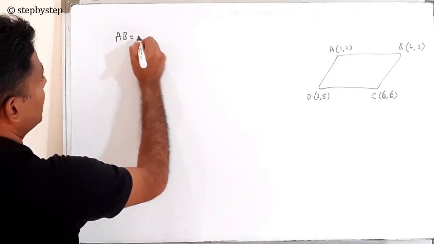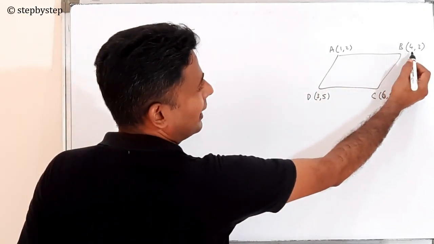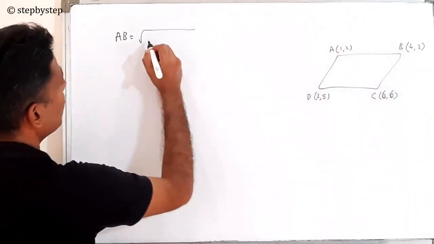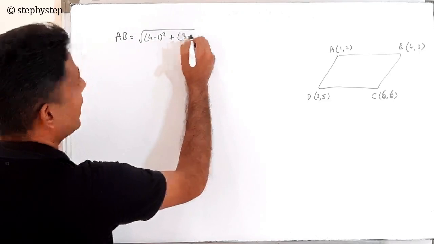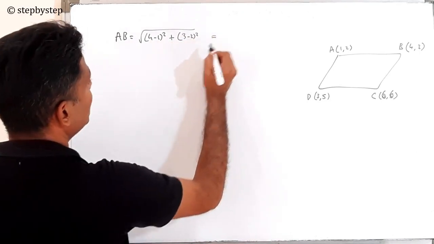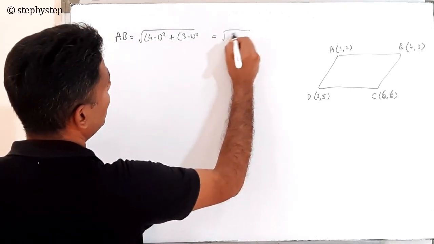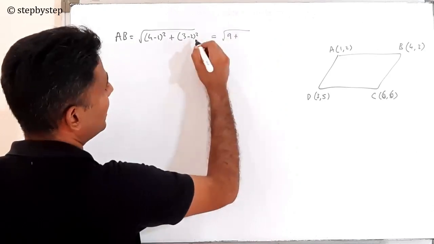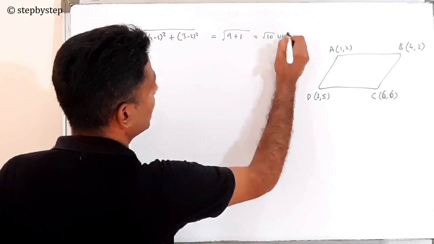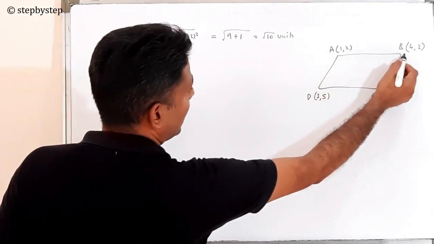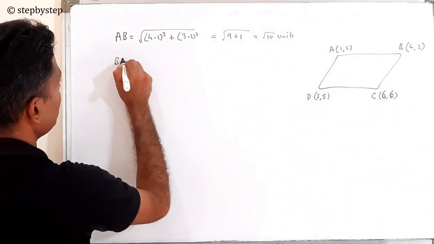We'll find AB first. AB equal to root of, I'll take this as x2, y2, x1, y1. So 4 minus 1 whole square plus 3 minus 2 whole square. So this becomes 4 minus 1, 3 square, that is 9, plus 3 minus 2, 1, 1 square is 1. So root 10 units, right? After finding AB, I'll find BC.